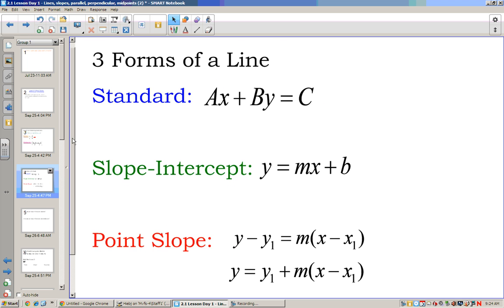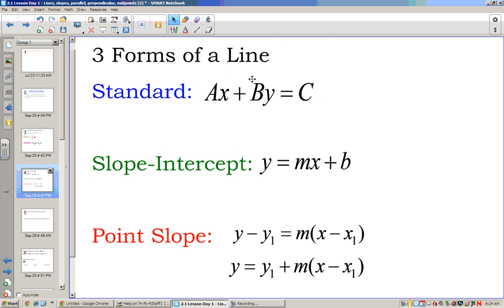Now there's 3 forms of a line. There's standard form, ax plus by equals c. There's slope-intercept form, where y equals mx plus b, where m is the slope and b is the y-intercept.